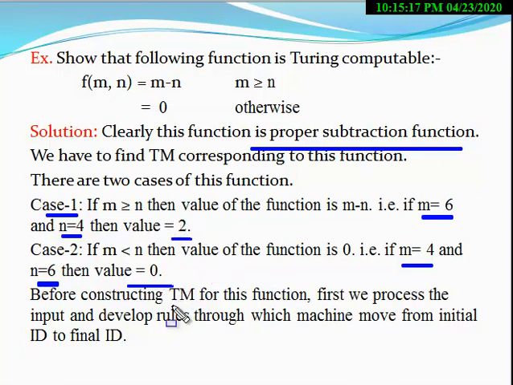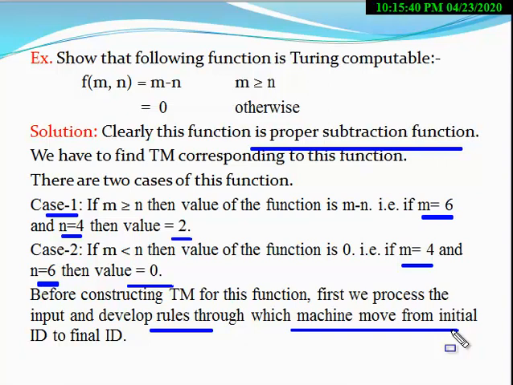Before constructing a Turing machine corresponding to this function, we first process the input and develop the rules through which the machine moves from the initial ID to the final ID. That is, we have to think and develop the rules.